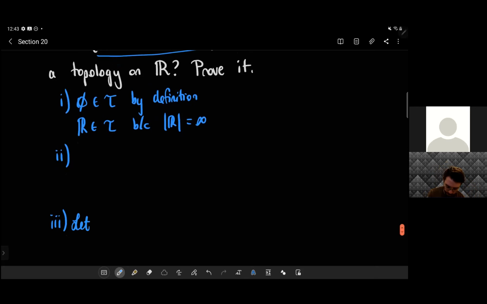Let A sub alpha be an open set, for all alpha in some index set, which I'll call A. What does that mean? That means either it's an empty set, which I'll just ignore that case, or it means the cardinality is infinite.